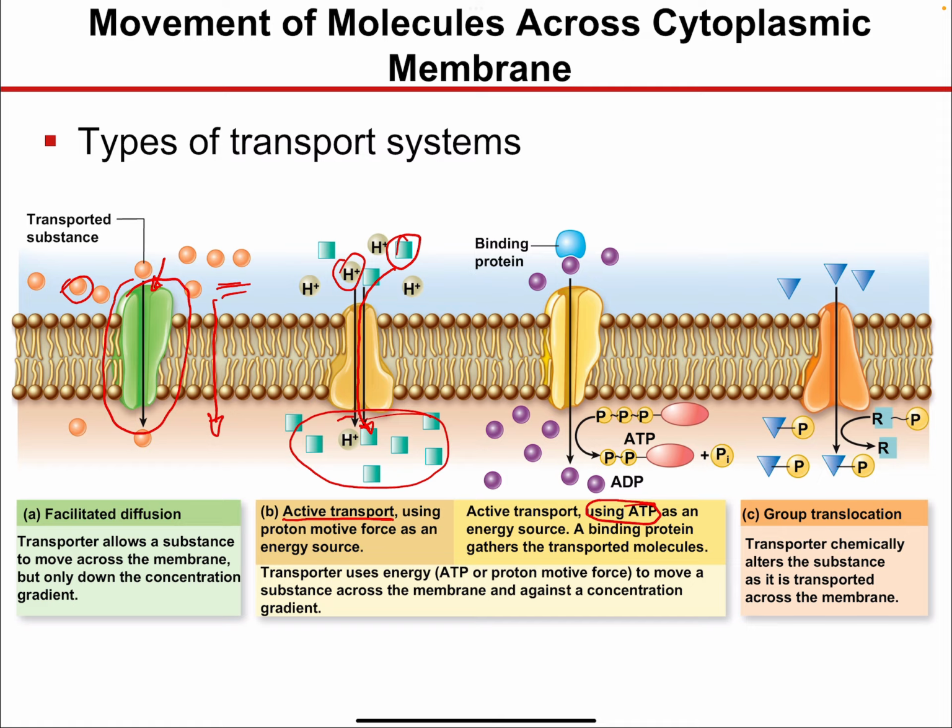Okay, now let me digress. In the first active transport, remember earlier we talked about the electrochemical gradient, right? That electrochemical gradient is here with all these hydrogens. And when the hydrogen comes back inside of the cell, hydrogen ions do not come back alone.